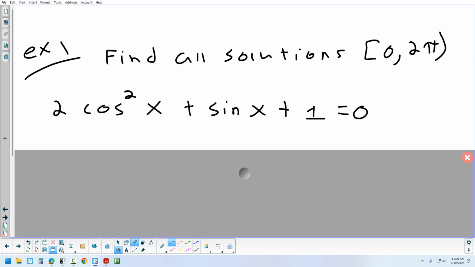Okay, it kind of looks like a polynomial. Specifically, what kind of polynomial? Trinomial. Okay, it's a trinomial. And how about based on the degree? Quadratic. It looks kind of like a quadratic. Something squared, something not squared, and then a constant. Right? And there's one problem with it.